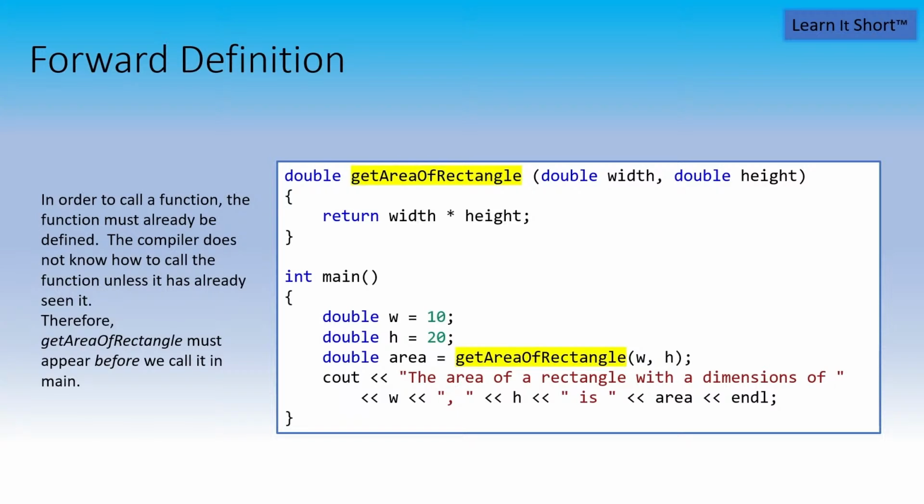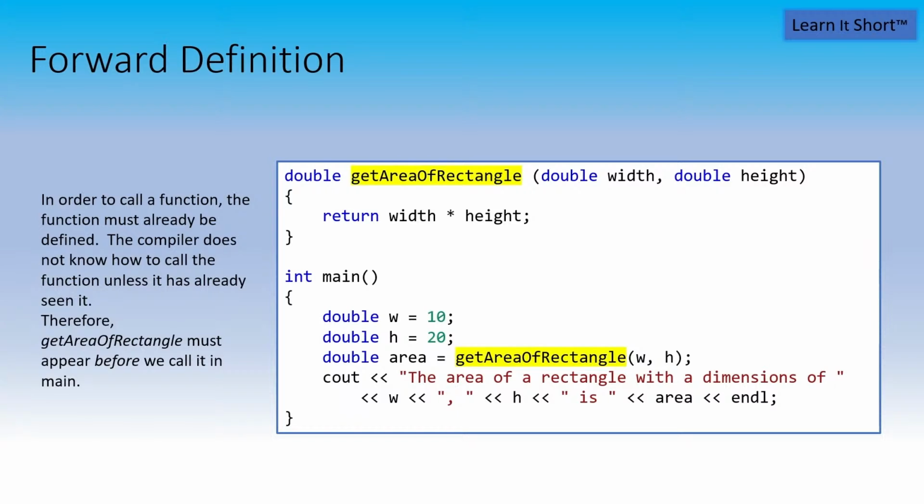Then the compiler knows whether we're calling the function correctly or not, and also knows how to put together the assembly language to actually make the function call. So the function has to be visible to the compiler prior to where we're actually calling it or using it.